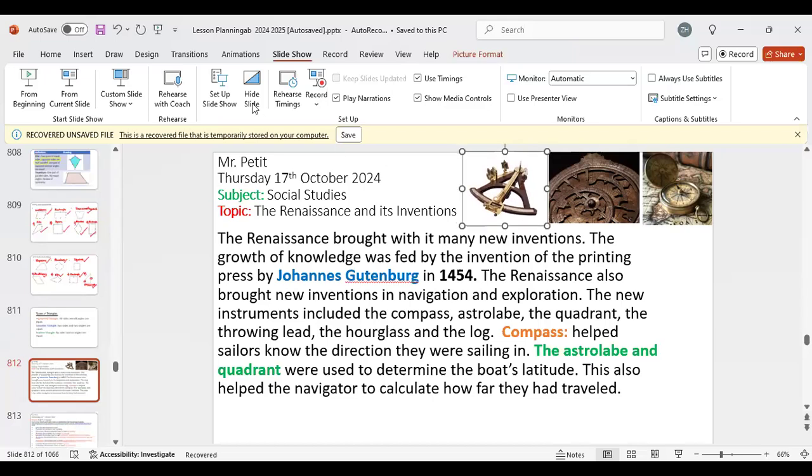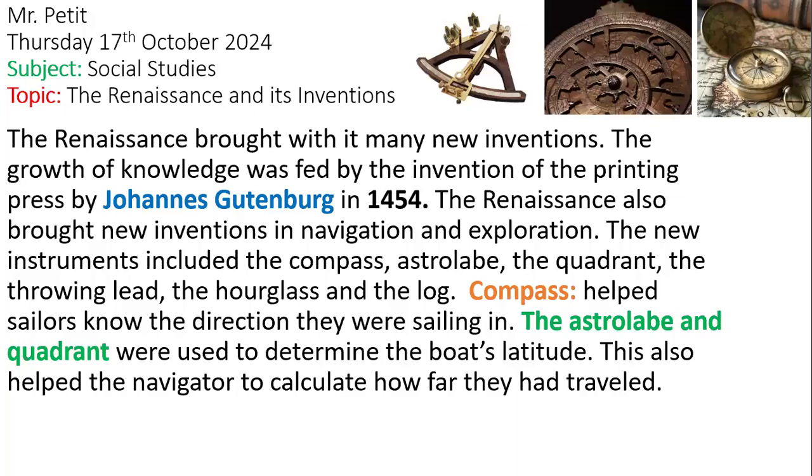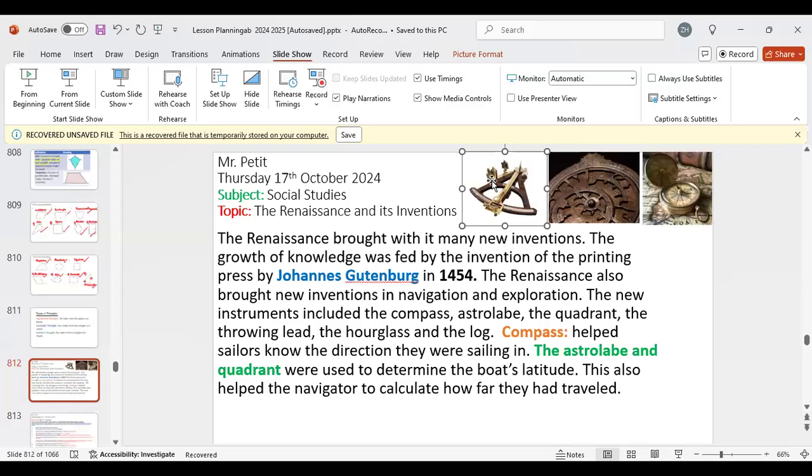I just know that the quadrant and the astrolabe combined help them figure out exactly where they are in terms of their location and how far they have traveled. Okay, so we have the compass, astrolabe, and the quadrant. What else do we have to figure out now? We need to talk about the throwing lead.